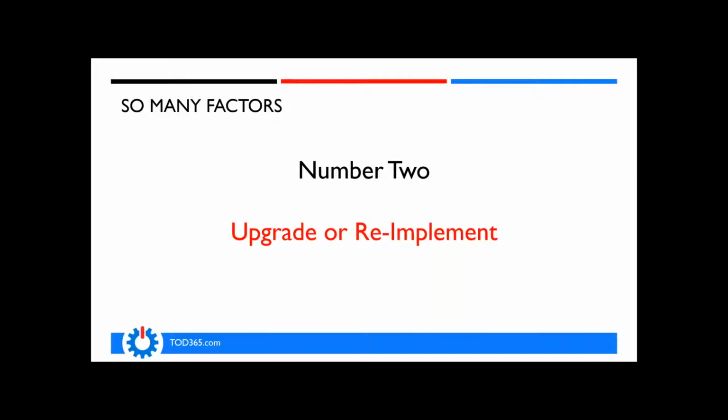The next one, and probably the most obvious one, is the level of customizations, right? And that comes into play in a variety of ways. One thing is maybe you made a bunch of customizations that subsequent versions of the software actually took care of.